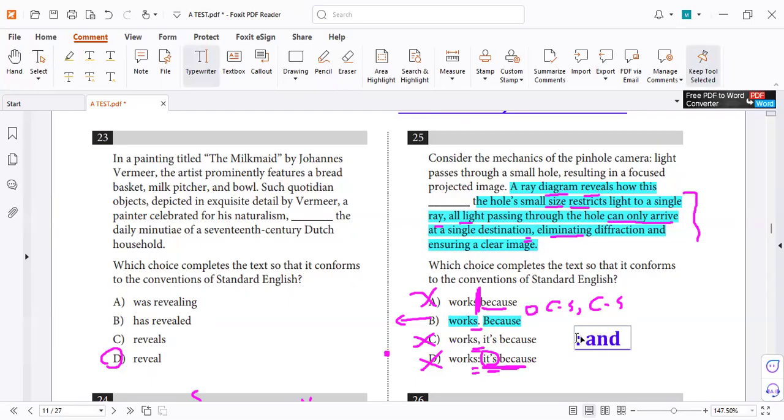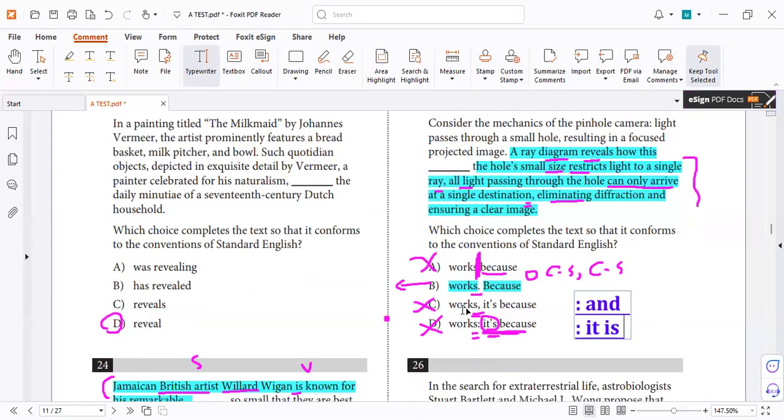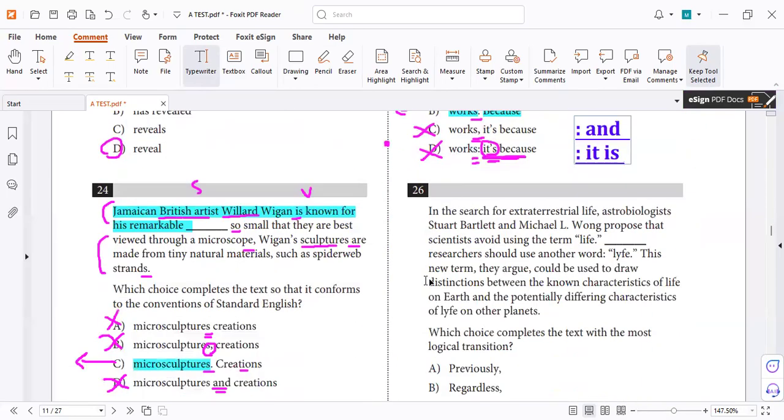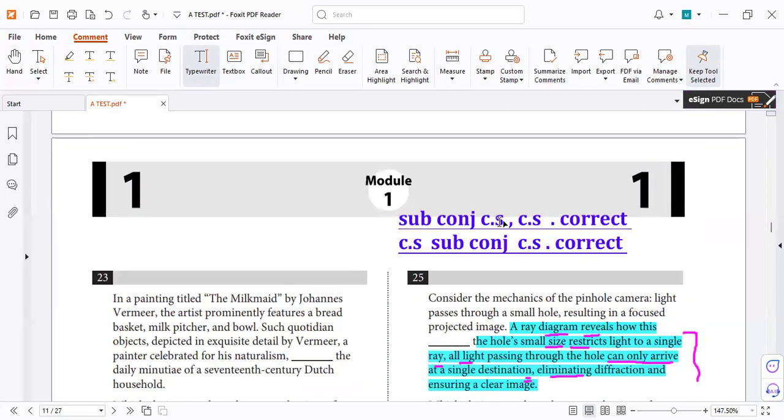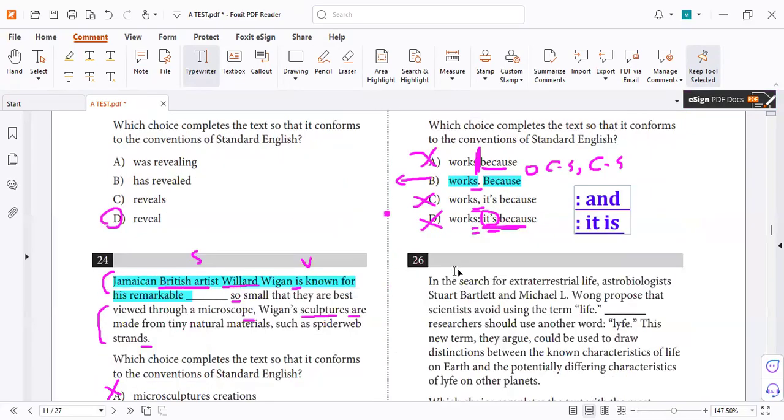Colon and "and" are wrong. Colon, it is wrong. But this is the most common, but you must check. We say that here we don't need "it is". And remember, this is guessing. You must check. Now let's see. So now here is the best answer. Remember, these are rules for any question you find.